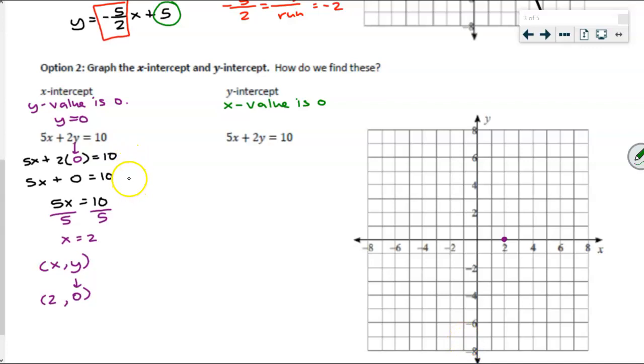We're not done. We found the x-intercept, we graphed it, put it on the graph. We still need to figure out what the y-intercept is. How do we do that? Well, we remember that for y-intercepts, the x value is 0. So set the x to 0. What does that look like? 5 times x now becomes 5 times 0.